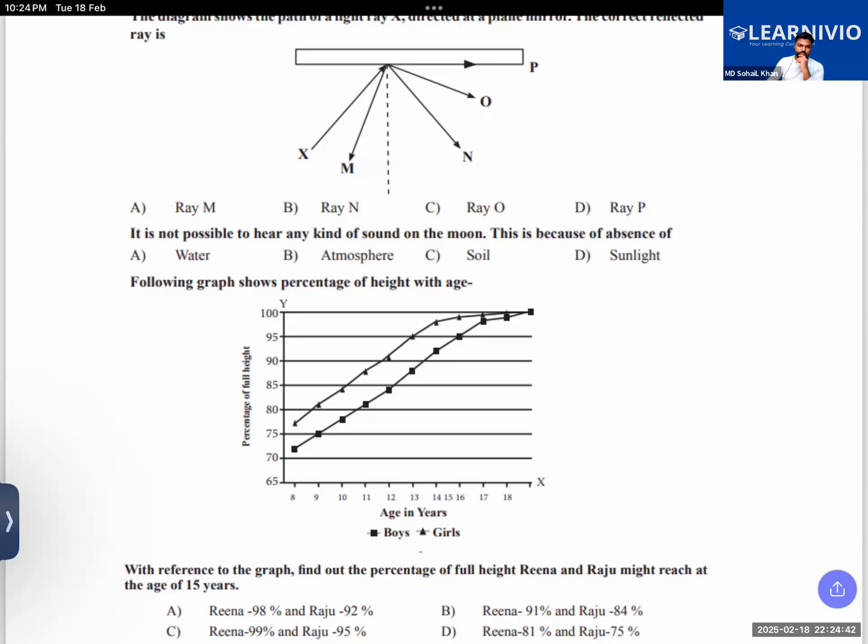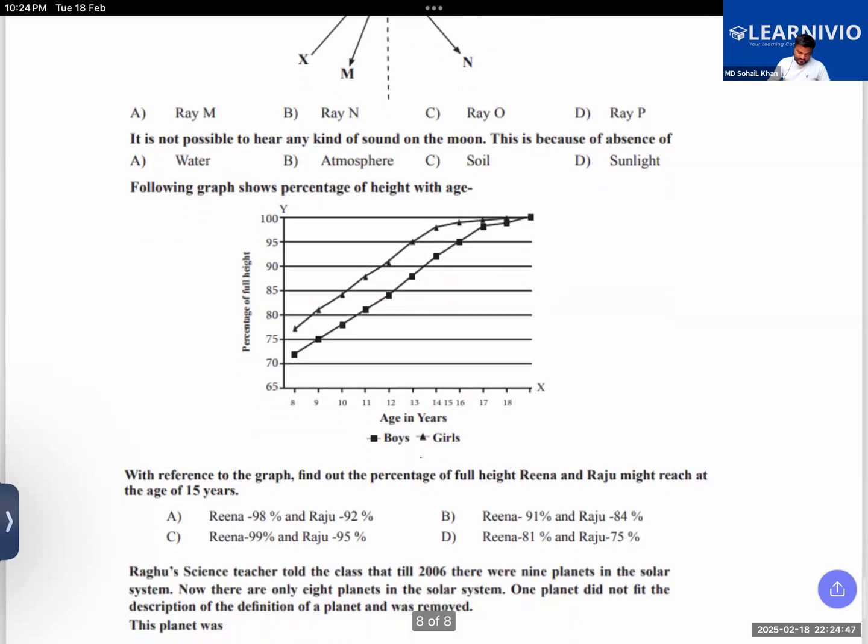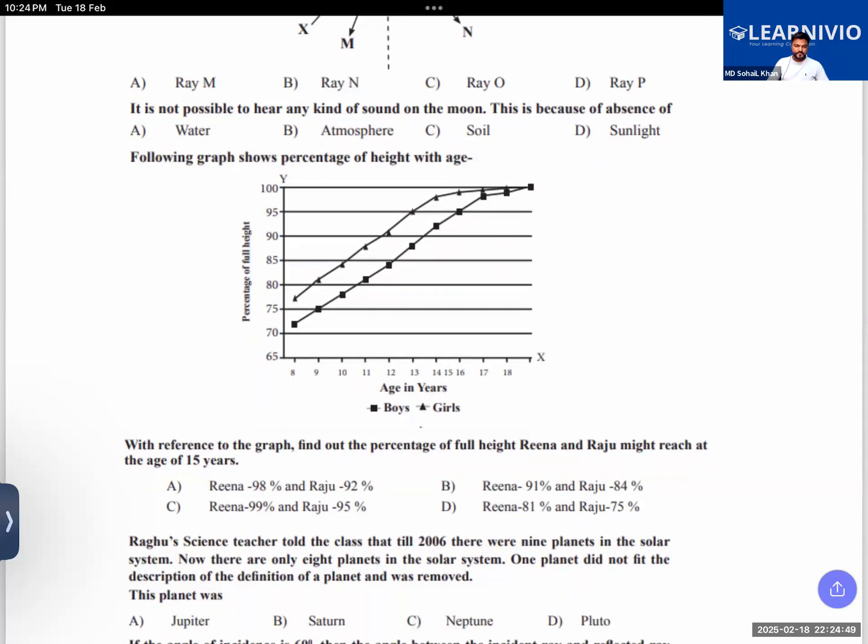Atmosphere. Good. Now look at this question properly. Yes.